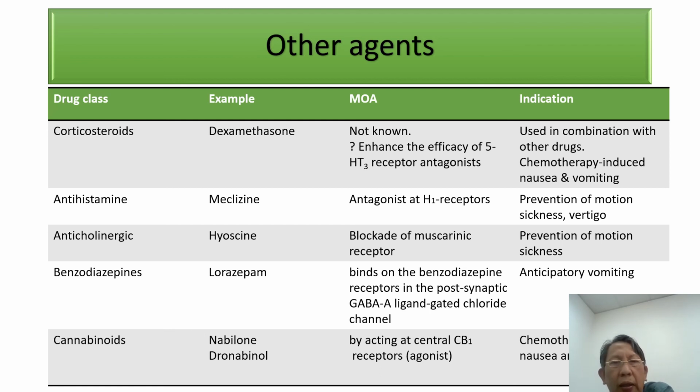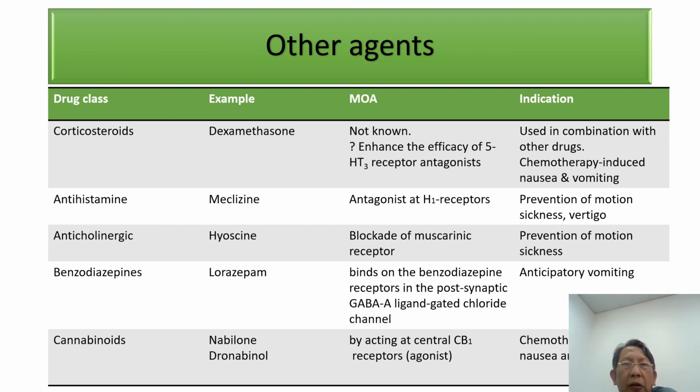In case of vertigo, we also use antihistamines. Anticholinergics are also used to prevent motion sickness. Cannabinoids are also drugs. Cannabis can be used to prevent nausea and vomiting in chemotherapy patients.